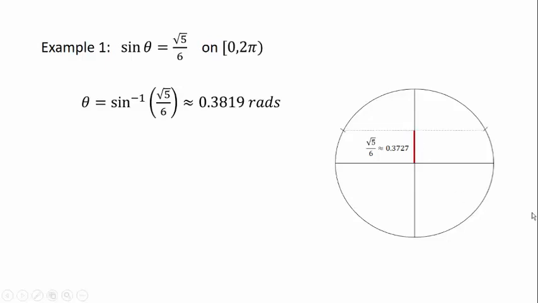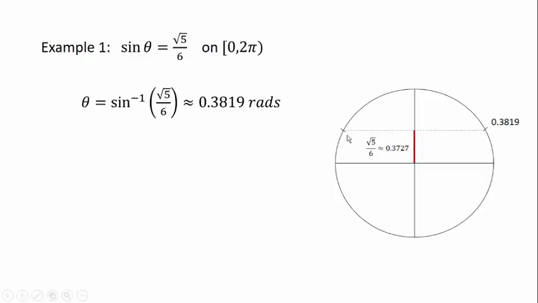Now that vertical distance will correspond with the points associated at these two places on the unit circle. Now we know from the calculator that we get 0.3819 radians as this arc length. Next, I want to find the measure of this angle, this angle associated with this point on the unit circle.